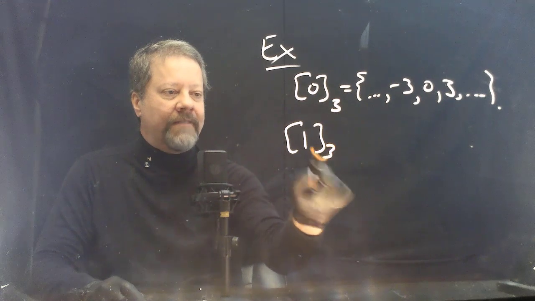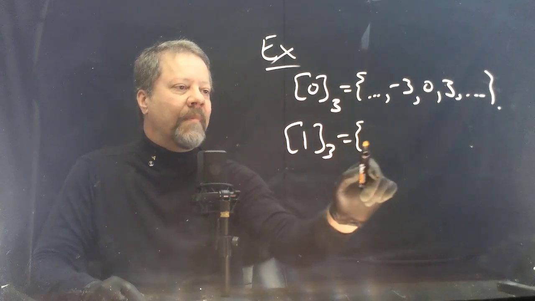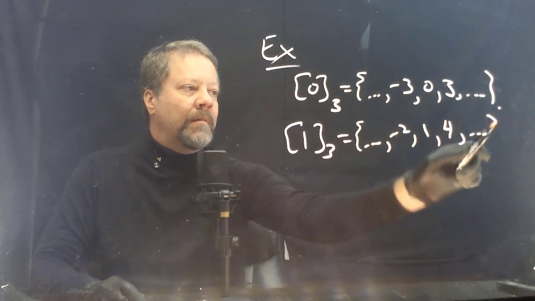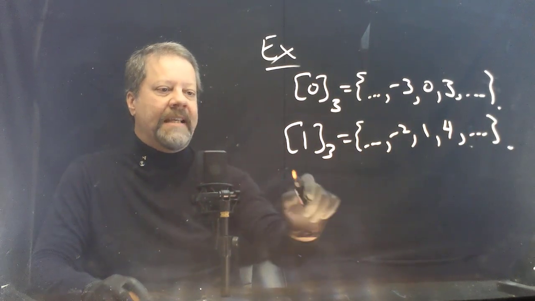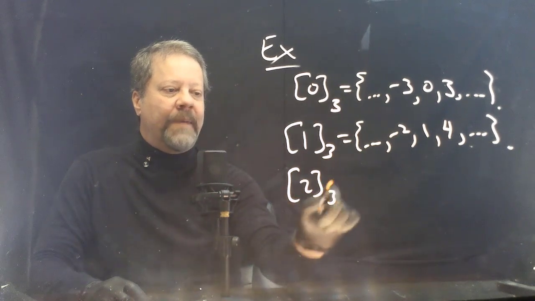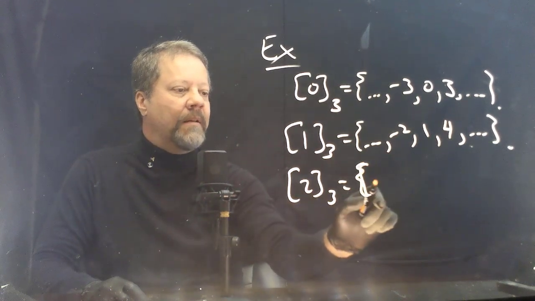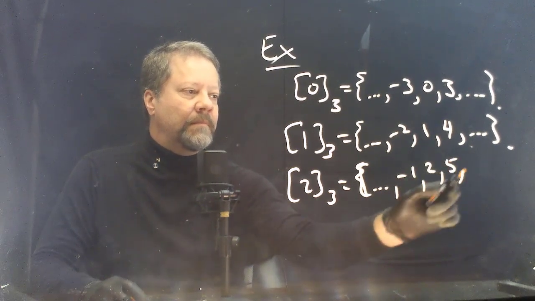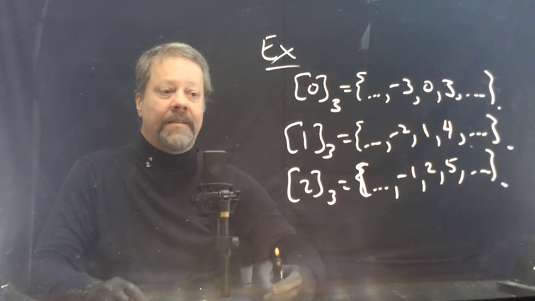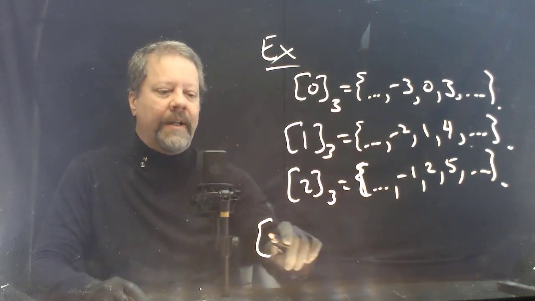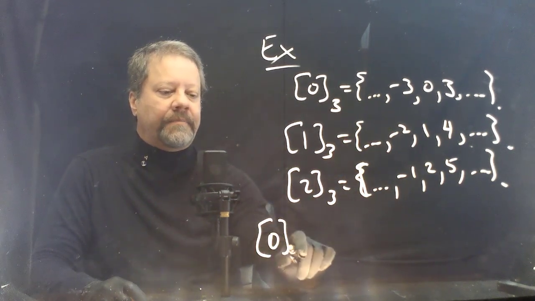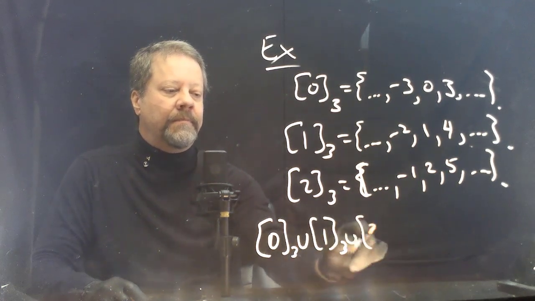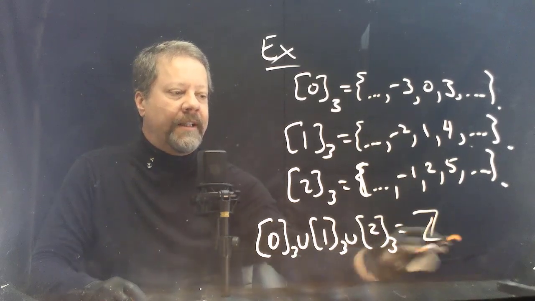The equivalence class of 1 mod 3 consists of these integers, and the equivalence class of 2 mod 3 are these. Notice that they're disjoint, and yet when you take the union of these, you get the entire set of integers.